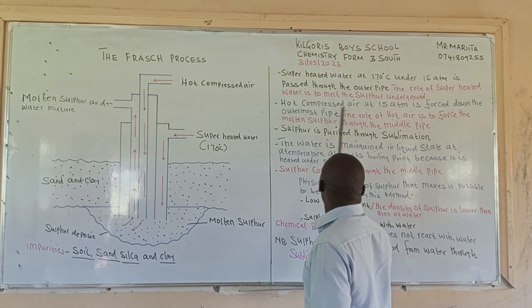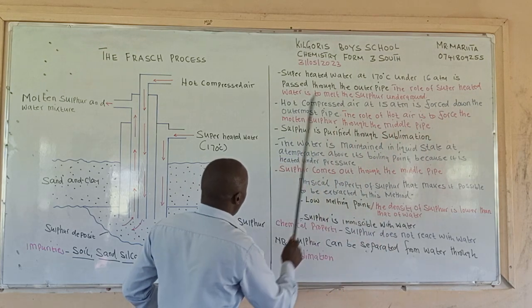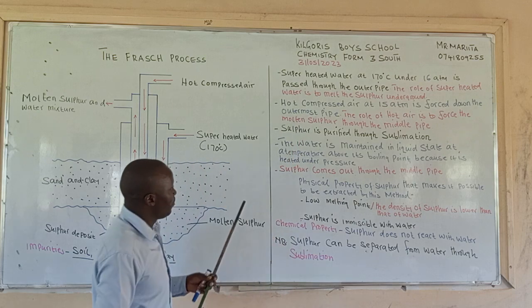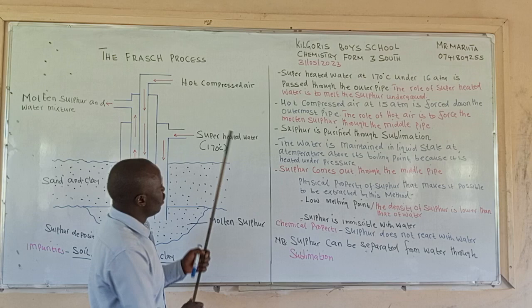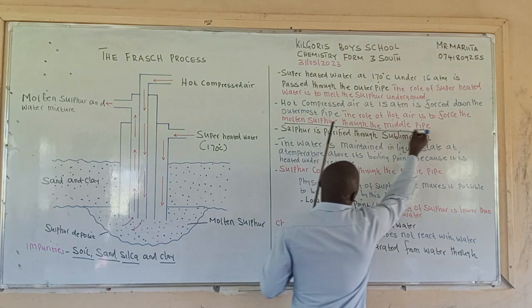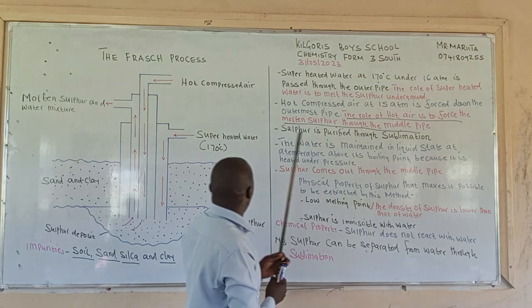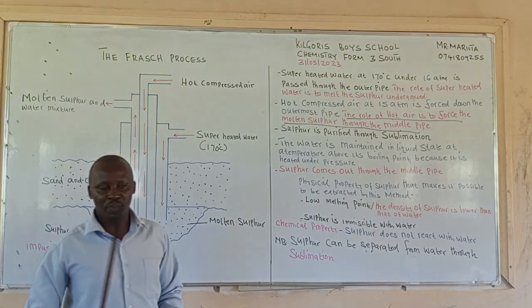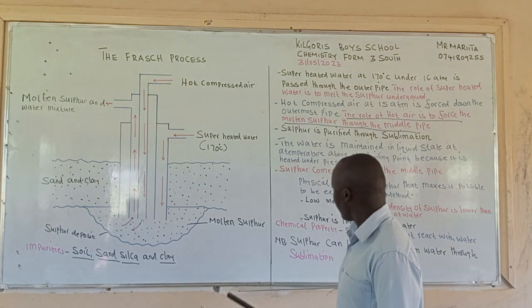So if you are required to give the purpose of the hot compressed air, it is to force the molten sulfur through the middle pipe.